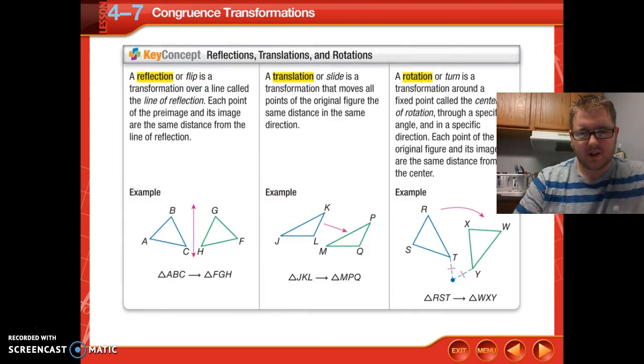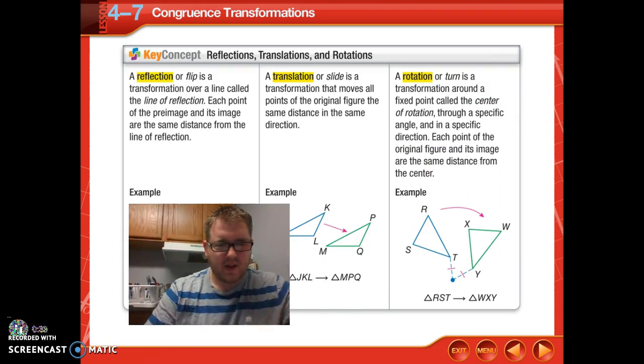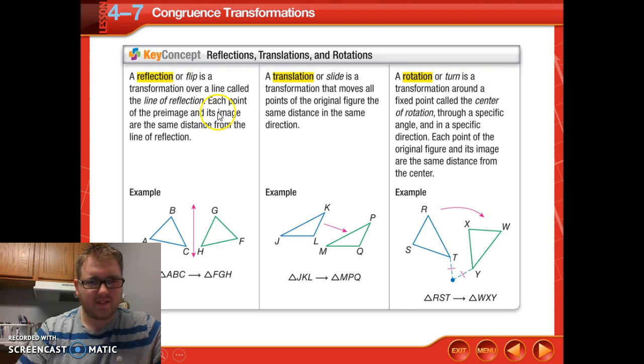So let's just look at some terms here and get those out of the way. We have on the left here a reflection. Basically, like you think of a mirror, you have something flipped exactly the opposite as it was to begin with. And that line that it flips over, the line that causes that congruence, is called the line of reflection.